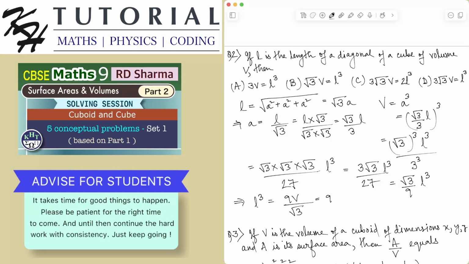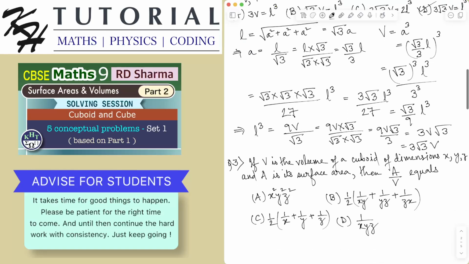This will be 9V multiplied by square root of 3 divided by square root of 3 multiplied by square root of 3. This is 9V square root of 3 divided by 3, and this is equal to 3V square root of 3. So L cube is equal to 3 into square root of 3 multiplied by V. So the correct choice is D. D is the correct choice.